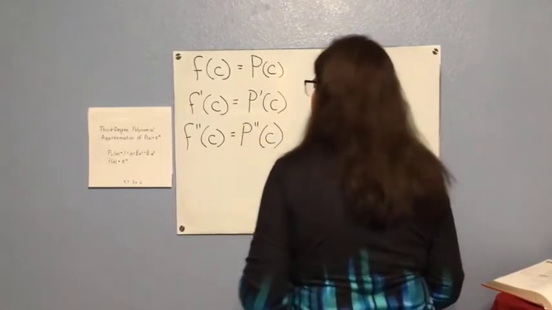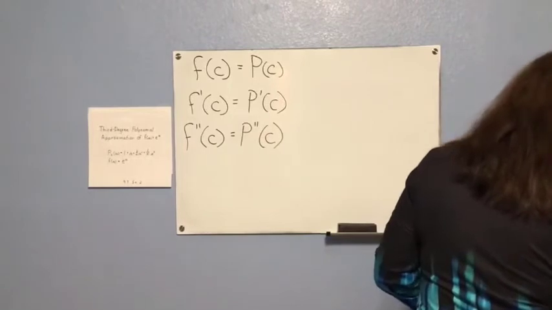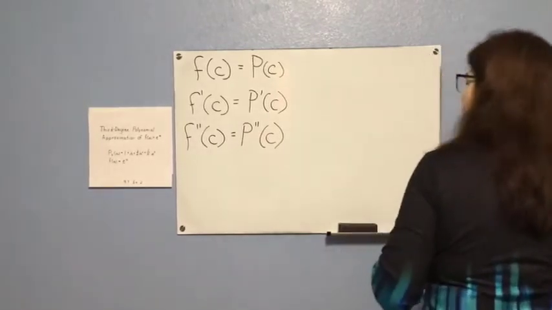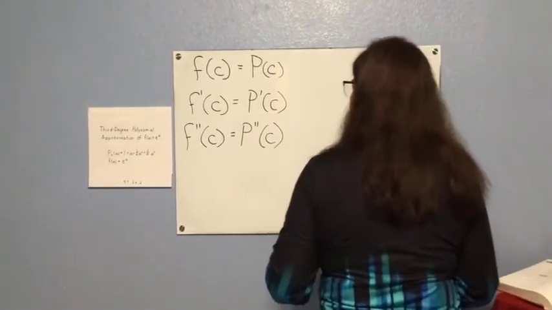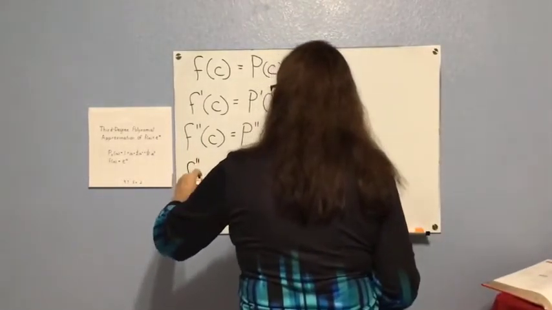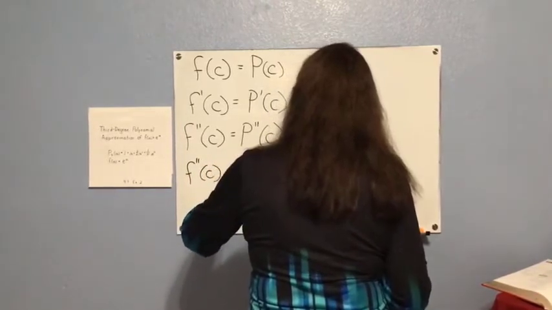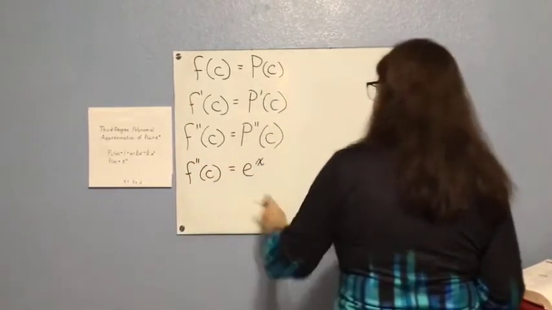So f double prime of c is equal to p double prime of c. We know that f double prime of c is still equal to e to the x if we use that same function that we had.